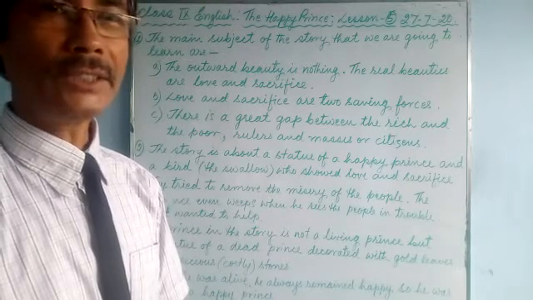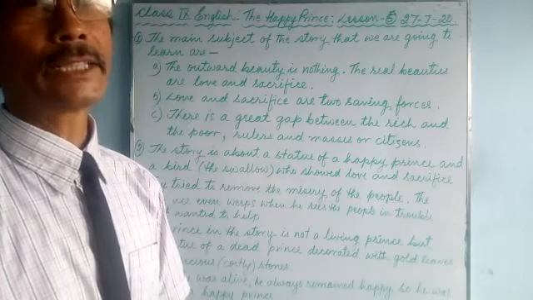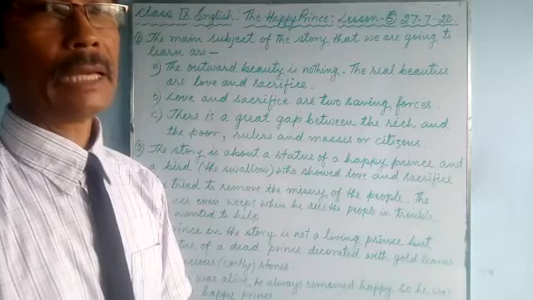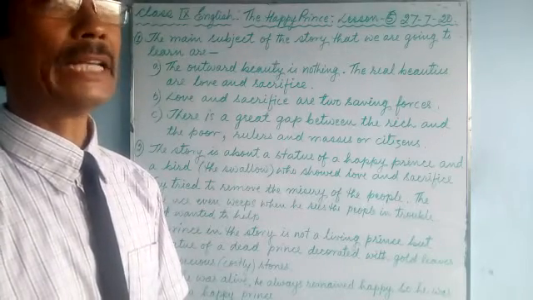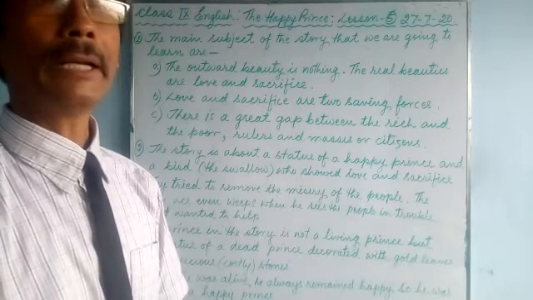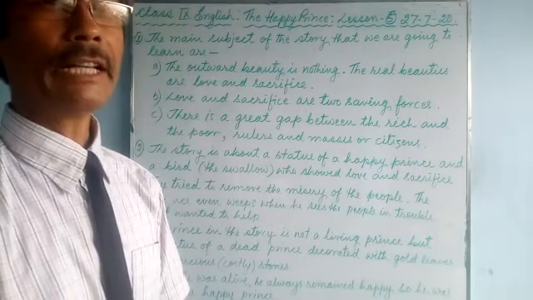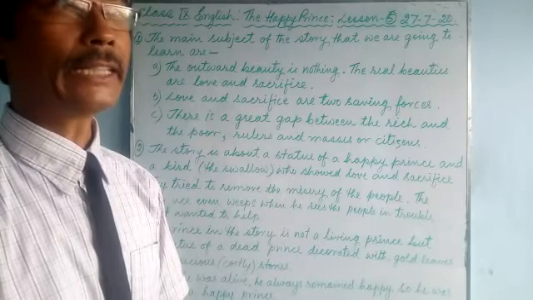When he died, in his memory, a statue was erected in the center of the city. And the statue sees the misery of the people, and he felt very, very sad. While he was living, he could not do anything.